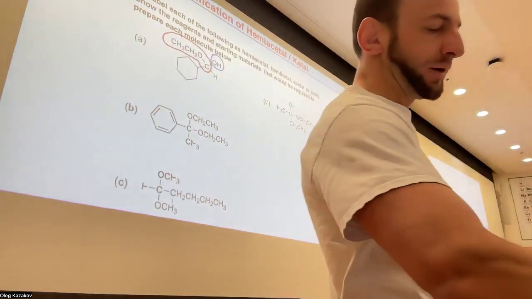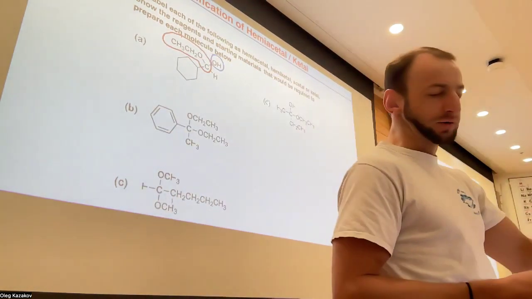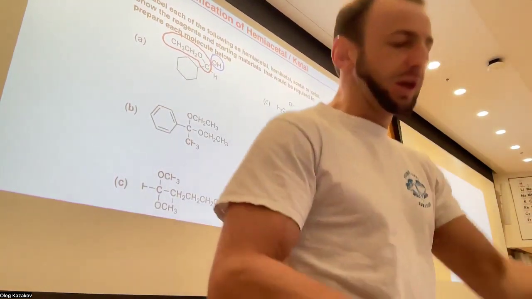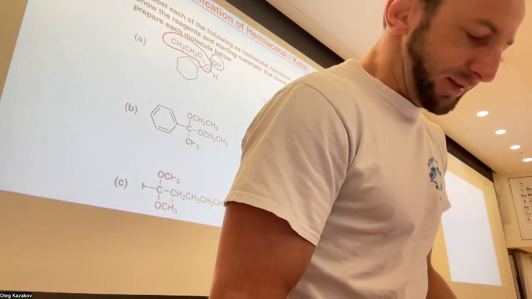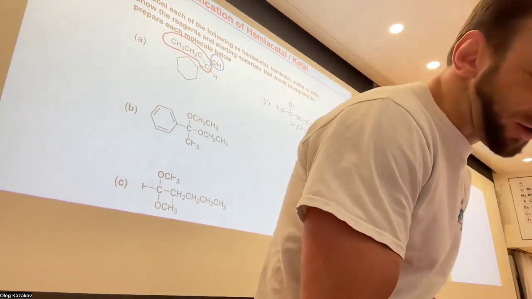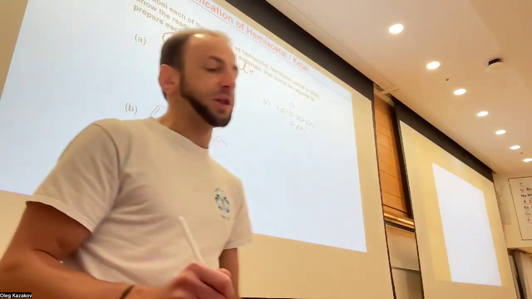So I'm just going to transfer the drawings to the white paper and see how that goes, right? So here we just say, okay, well, looks like this. Let's see. So where is this color? So the H comes from an alcohol, right? According to the general scheme.